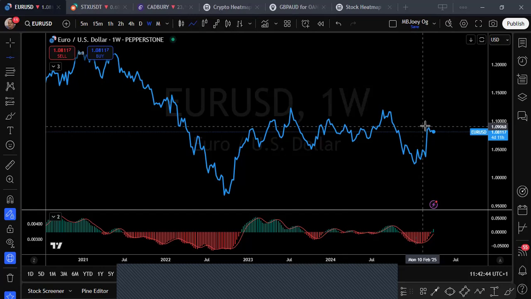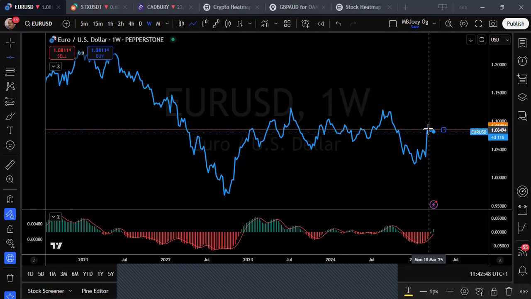So let's draw again our areas of support and resistance.